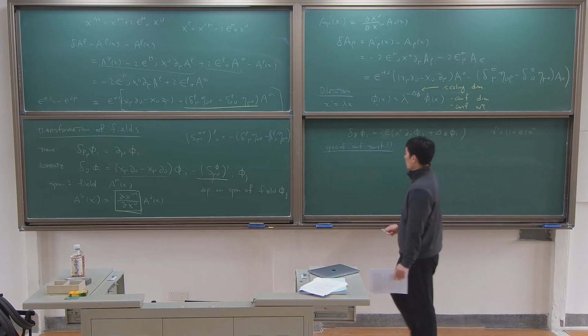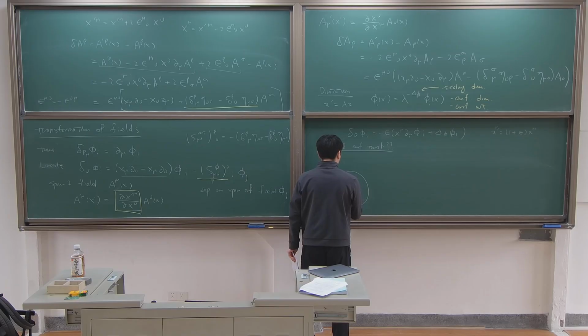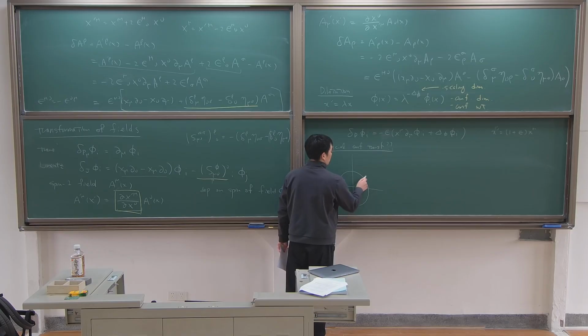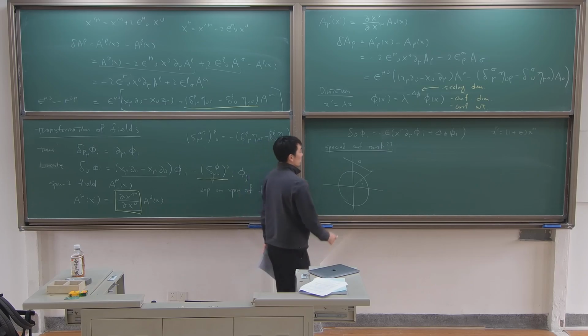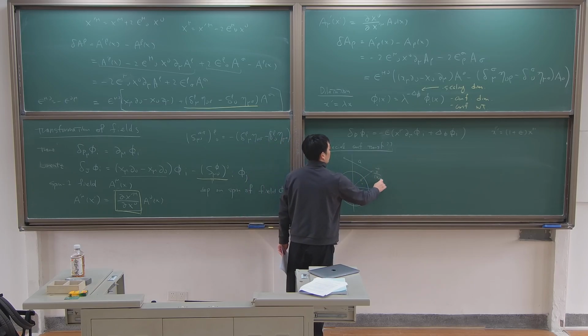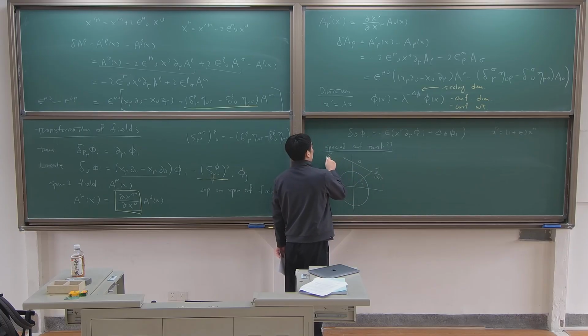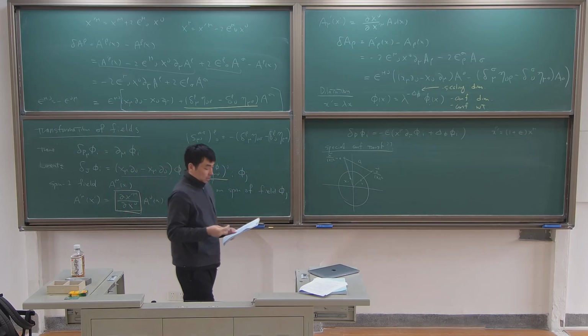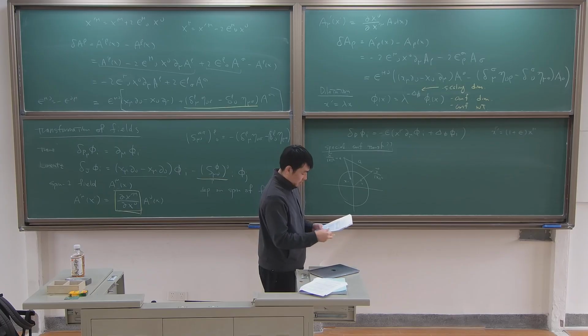Last time, the global transformation is something like you put x here and take the inversion, then do the translation, where x divided by x squared plus a, and then take another inversion. That is the x prime.